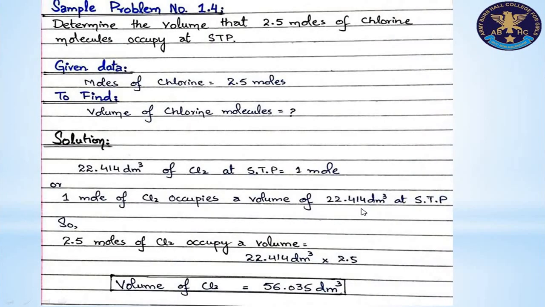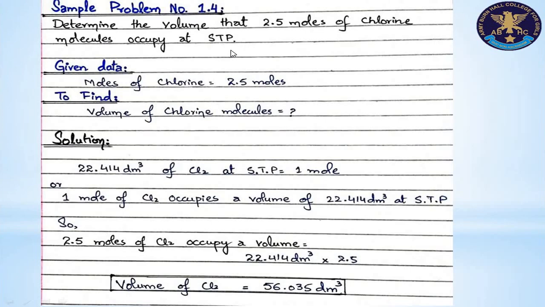Now we have sample problem number 1.4 related to this topic from your textbook. First of all, read the statement of this sample problem very carefully from your textbook: determine the volume that 2.5 moles of chlorine molecules occupy at standard temperature pressure.